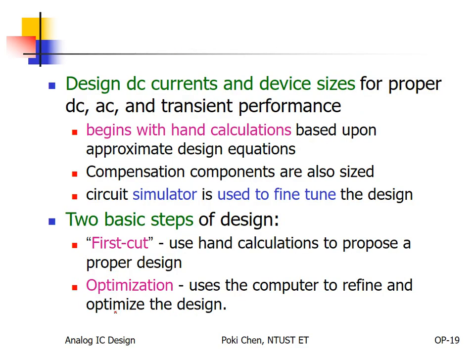After you choose the right one, then you need to do your own design, the DC bias, the device sizes. In theory, it begins with hand calculation. We have a lot of equations from your microelectronics, from your analog IC design textbook, never mind from Allen or Razavi. But to be honest, who did such calculation?